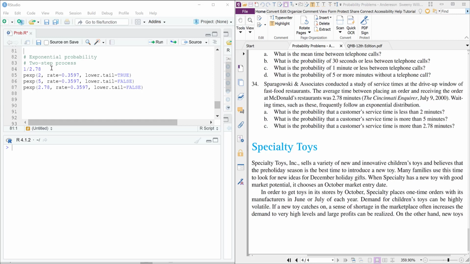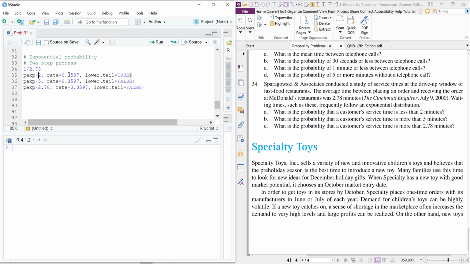In the first step, we will take the inverse of the time, the average time that's given. We will take its inverse, and this one is the value of x in which we are interested, that's usually given in the question, and then lower tail or upper tail.